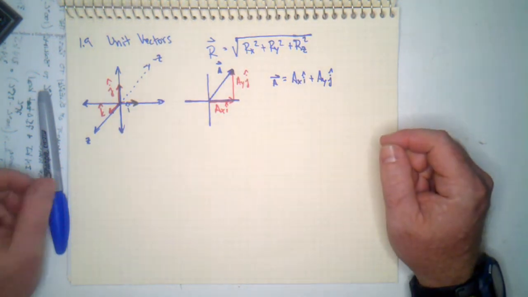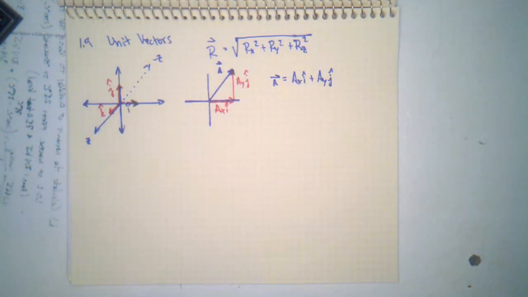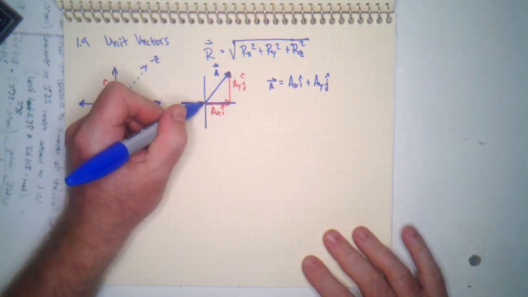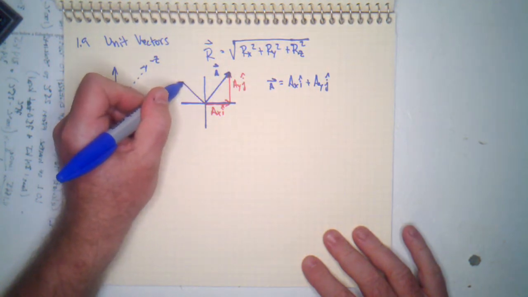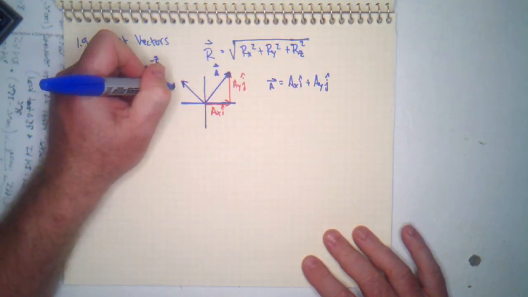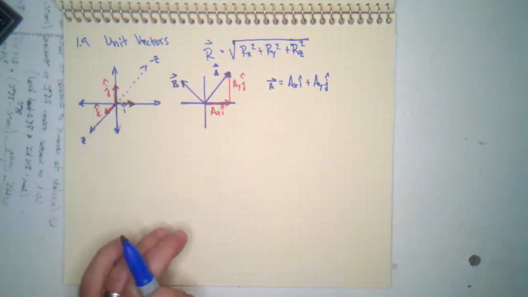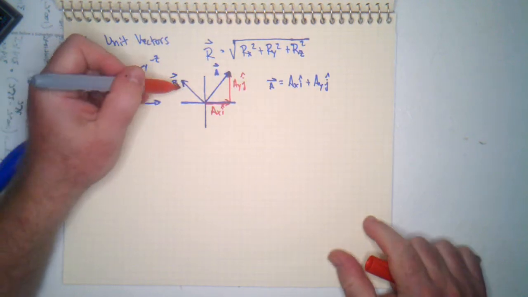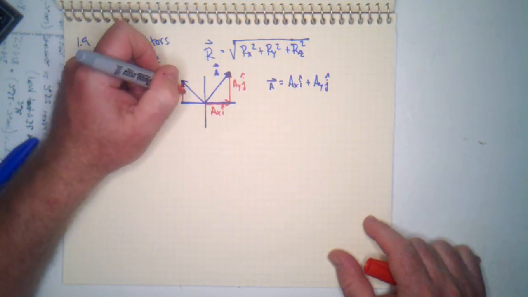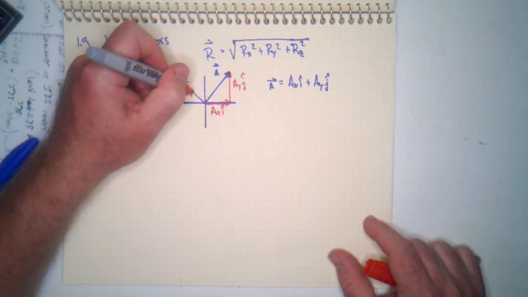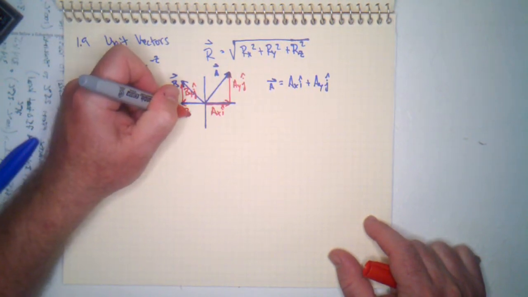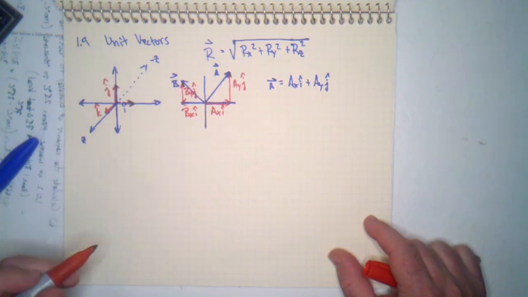Now let's imagine we've got 2 vectors we want to add together. Let's say we call it vector B. So vector B has its components. That would be By j hat, and this one would be Bx i hat.